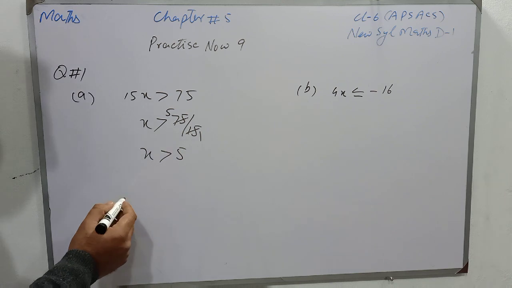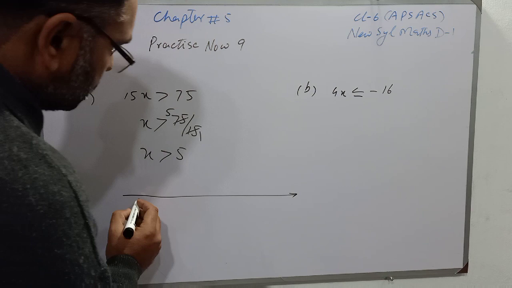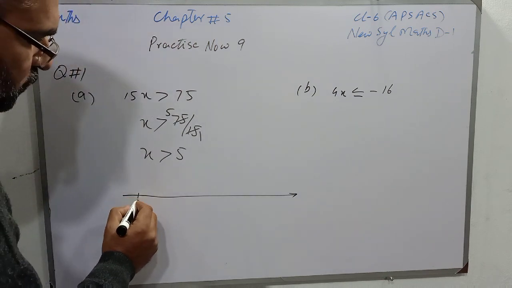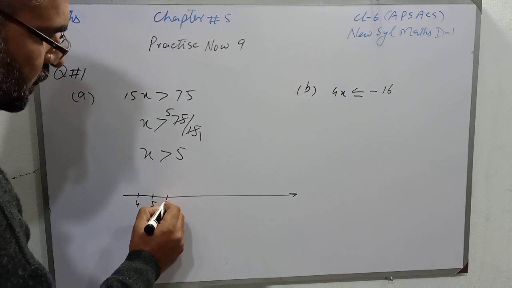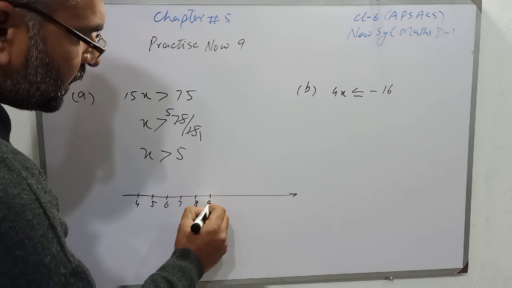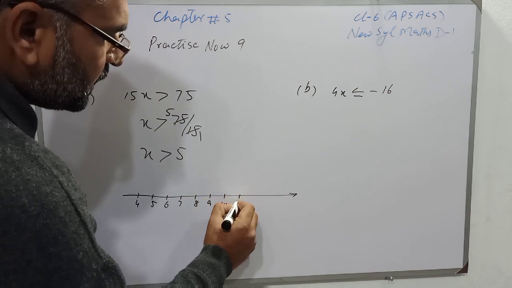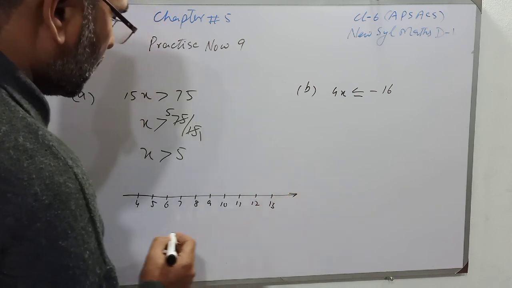Now students, we will draw the number line as 4, 5, 6, 7, 8, 9, 10, 11, 12, 13 and so on.